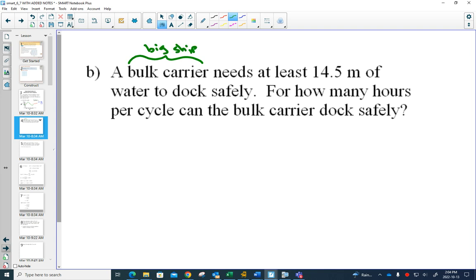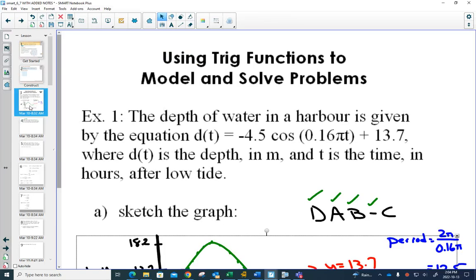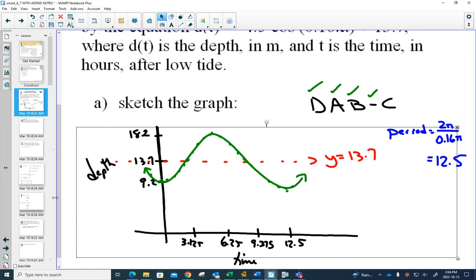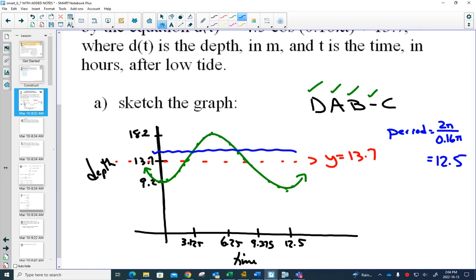A big ship needs at least 14.5 meters of water to dock safely. So if we go back to our graph and see what this would mean, you would need 14.5 meters of water. So it's only safe in this yellow section.